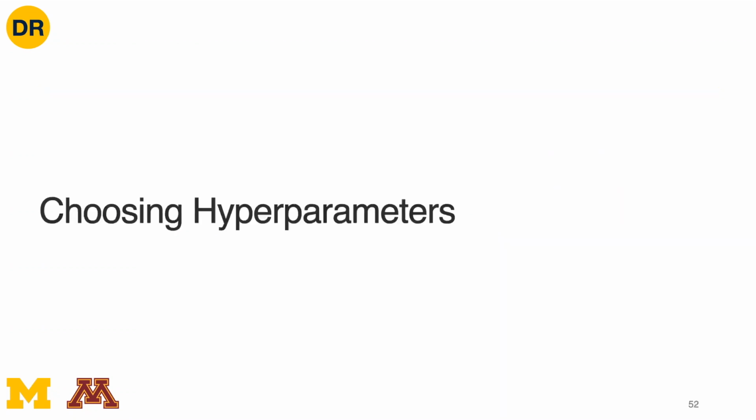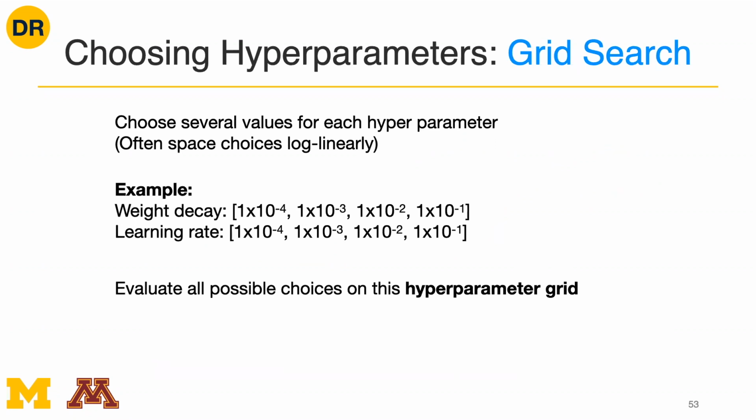Okay, so let's talk about choosing hyperparameters. One way to do that would be to have a grid search. So you fix a number of values for, let's say, your weight decay, learning rate, and other hyperparameters. And then you do a grid search by selecting a combination of them and then running your model.